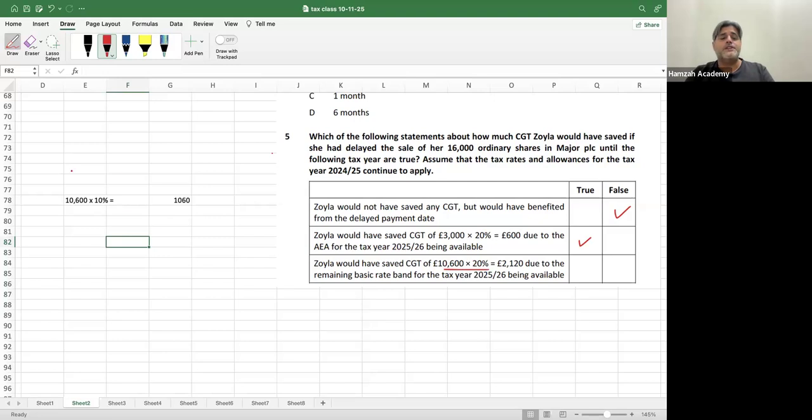No, it's not on the 20%. The saving is going to be on the 10%, not on the 20%. This is wrong, because technically speaking, the remaining basic band is something that would have been available and saved, not the 20%. Basic 10% is what we are going to have over here, right? Okay.